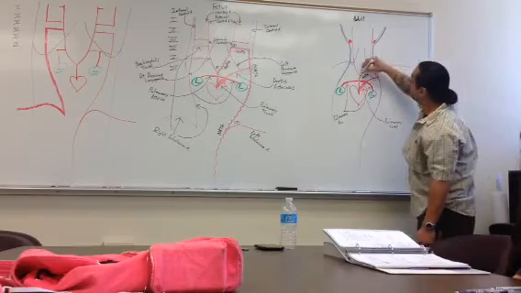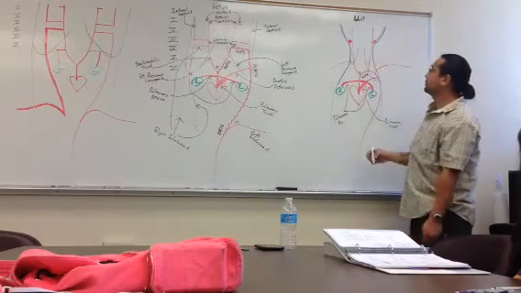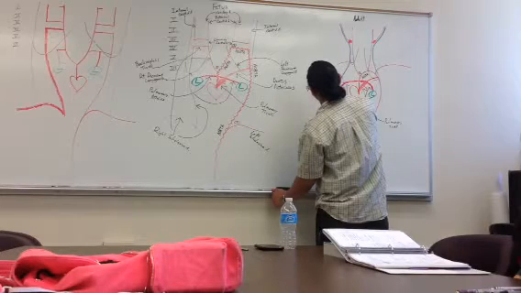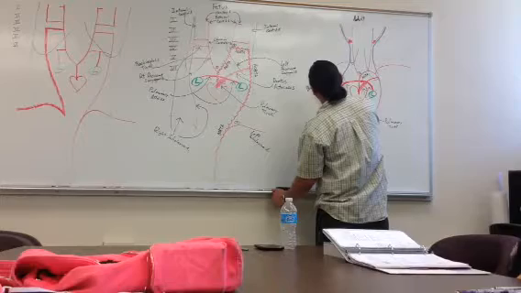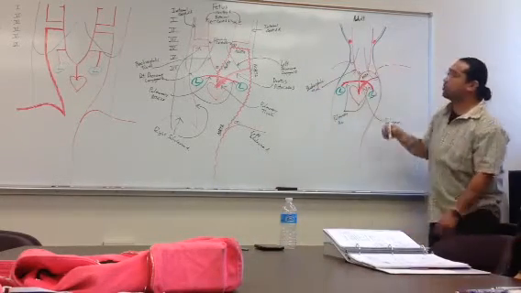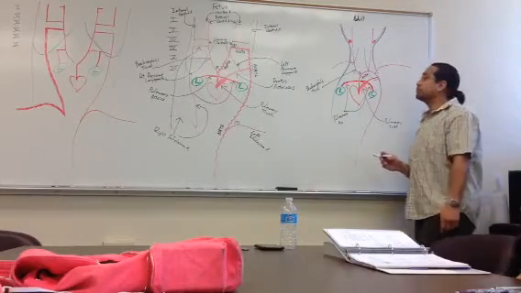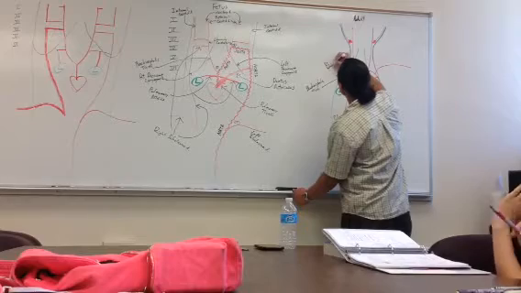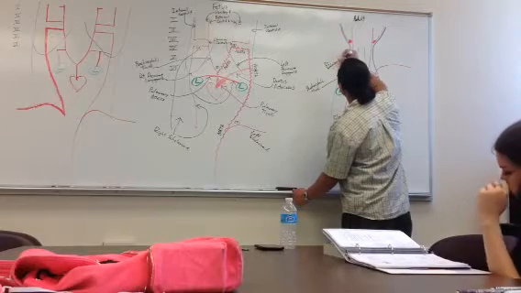So what's the first branch coming off the arch? The brachiocephalic trunk. So brachiocephalic trunk. Okay, and then brachiocephalic trunk, what does it branch into? The right subclavian. And what else?